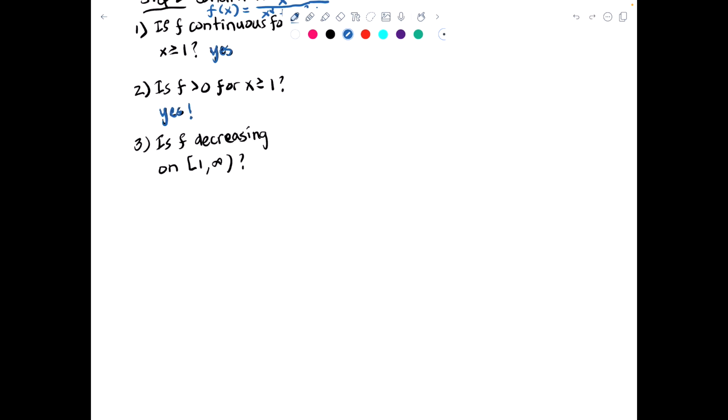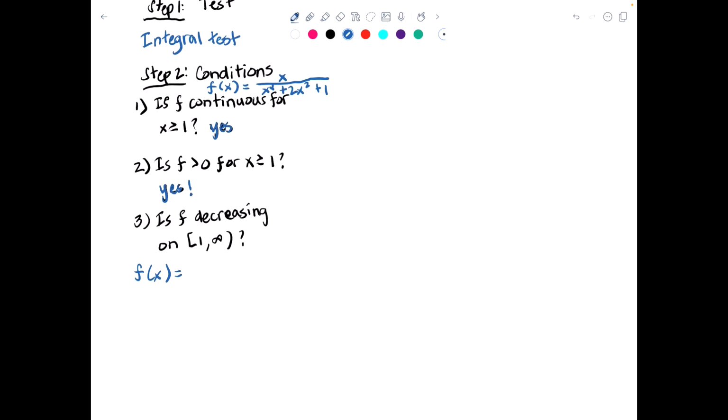This is going to be a whole lot easier if we factor f of x now and later. So f of x is equal to x over x squared plus 1, the quantity squared. So that denominator can be factored.